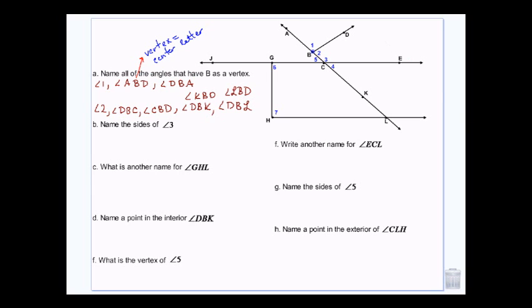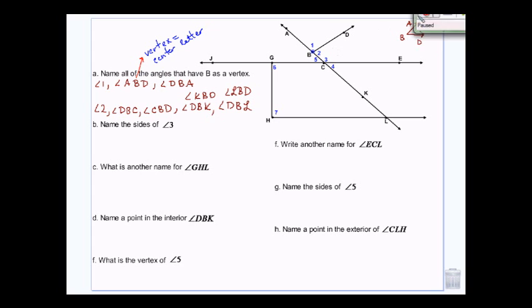If I have an angle that's just sitting out in space by itself, like this, I can call that with 1 letter. But because B is part of both this angle and this angle, it's connected to 2. So I can't just call it B, because if I say angle B, which one am I talking about? Does that make sense? So you have to use 3 letters in that case.